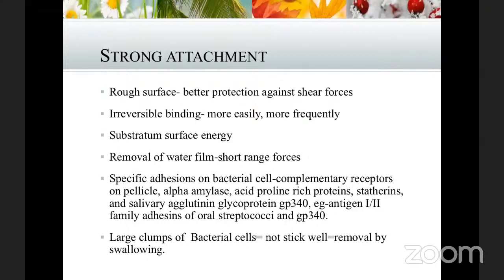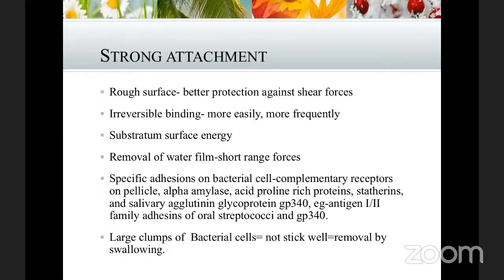Substratum surface energy also provides specific adhesion of bacterial cells. There are complementary receptors on the pellicle: alpha amylase, acidic proline-rich proteins, and glycoproteins.